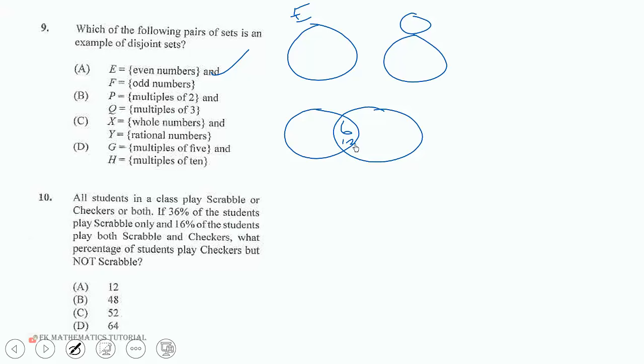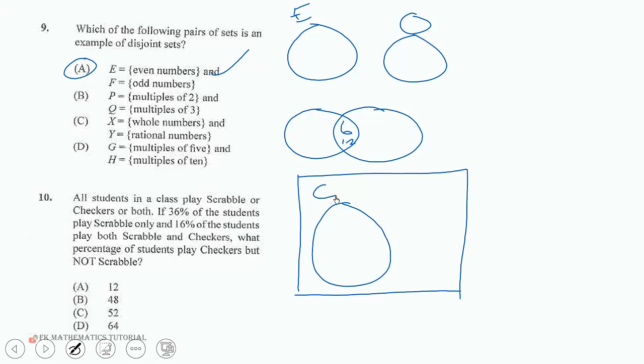All students in a class play Scrabble or checkers, or both. If 36% of the students play Scrabble only. So let's illustrate this on a Venn diagram. So checkers, then we have Scrabble.